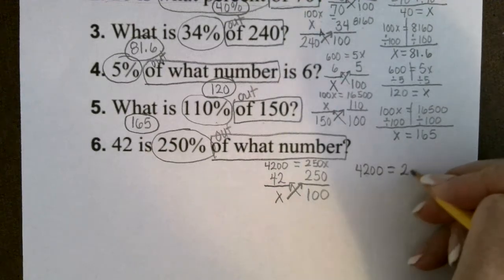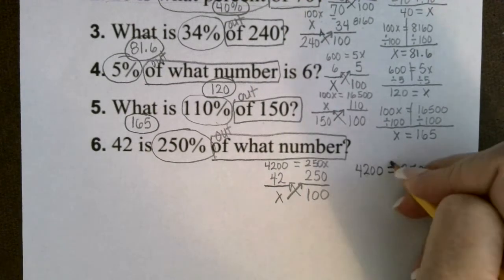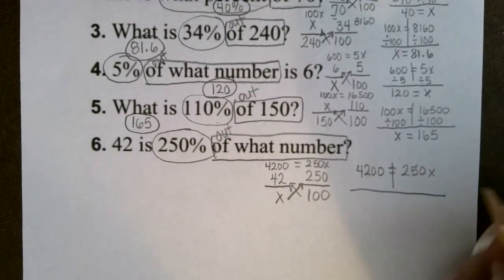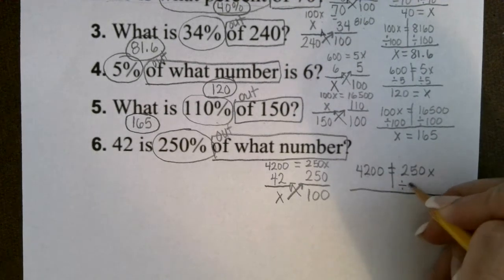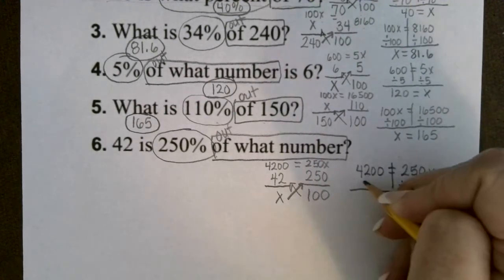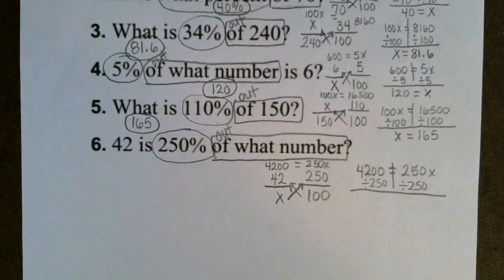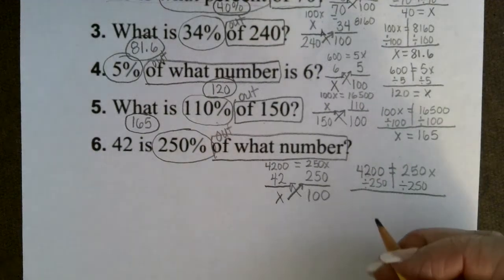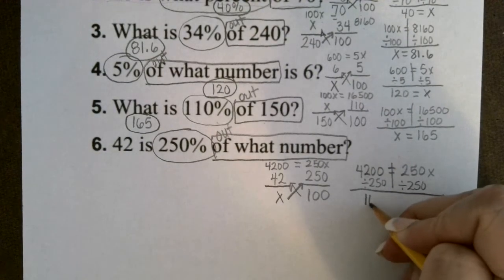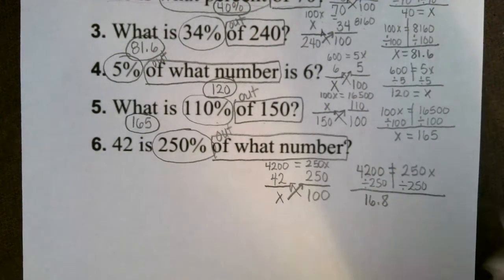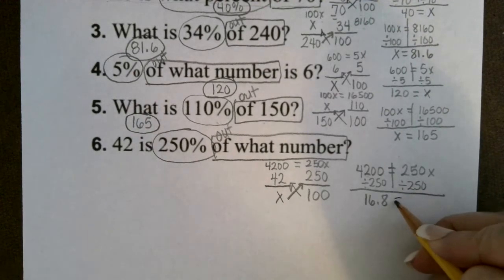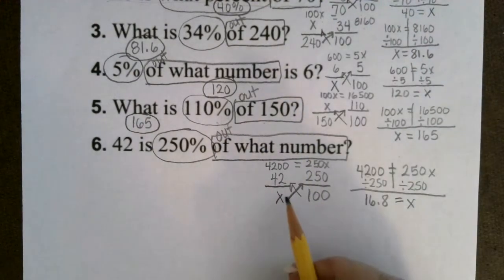That equals 250 times some number. If you don't know what that number is, we just divide by 250. So 4,200 divided by 250 is equal to 16 8/10. And that's going to equal our x.